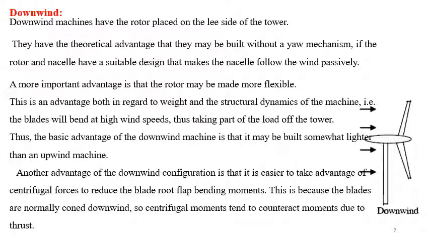This is because the blades are normally coned downwind, so the centrifugal forces tend to counteract the moments due to the action of thrust. Because of these advantages, downwind will find greater use as compared to upwind.